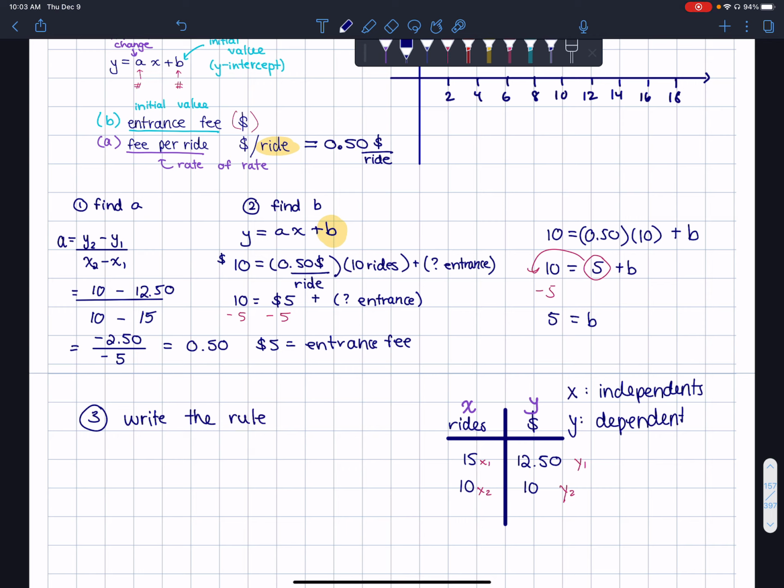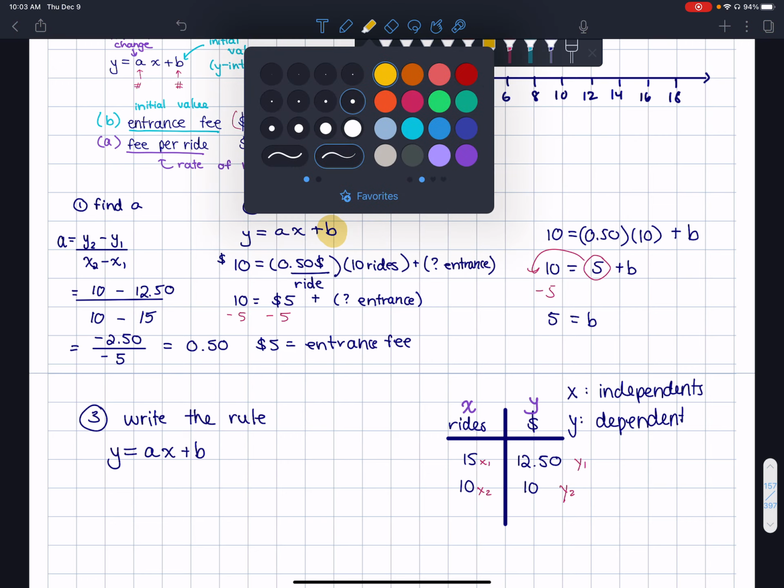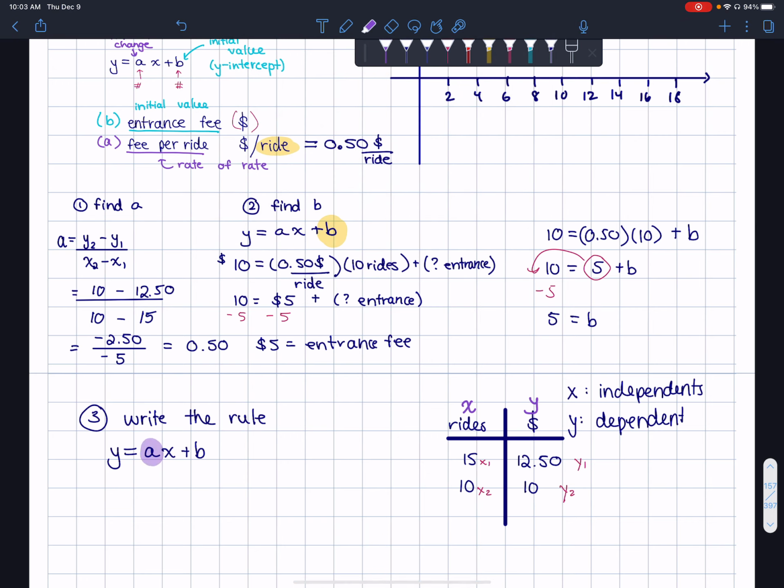Writing the rule, you need to fill in the y equals ax plus b. So you're filling in the numbers that you found. So you're filling in your rate, and you're also putting your initial value in there. So y is going to equal 0.5x plus 5.